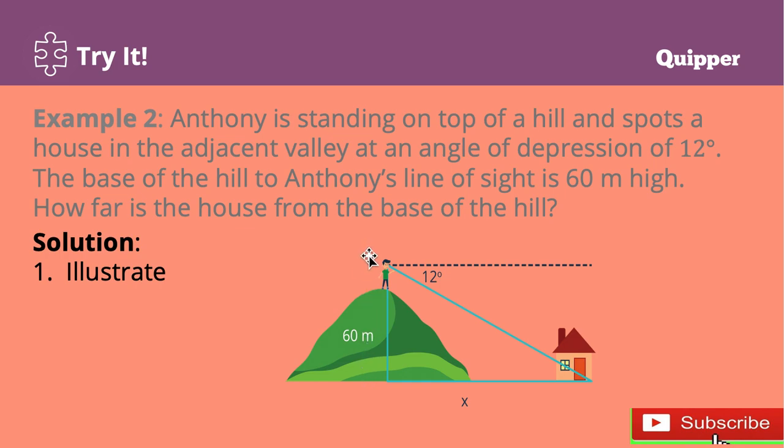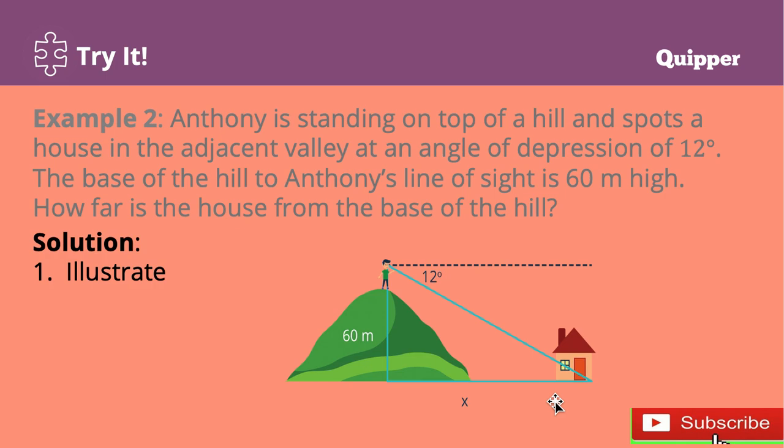So the opposite side is just as long as the height from the base of the hill to the eyes of Anthony. The distance from the house to the base is equal to the length of the side adjacent to the 12 degrees angle. So this is now the adjacent side.